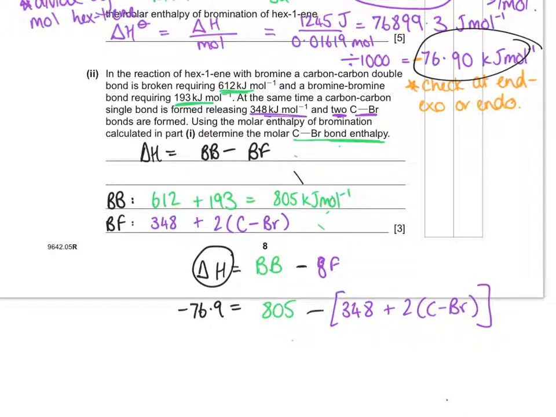So all that's left to do is rearrange this equation and find out what our C-Br bond is. So just treat it like any normal algebra equation, rearranging, grouping your numbers together and making the C-Br bond the subject of your equation. So we're opening out this bracket here, it's minus, and then plus 348, that's minus 348, minus our 2 C-Br bonds.